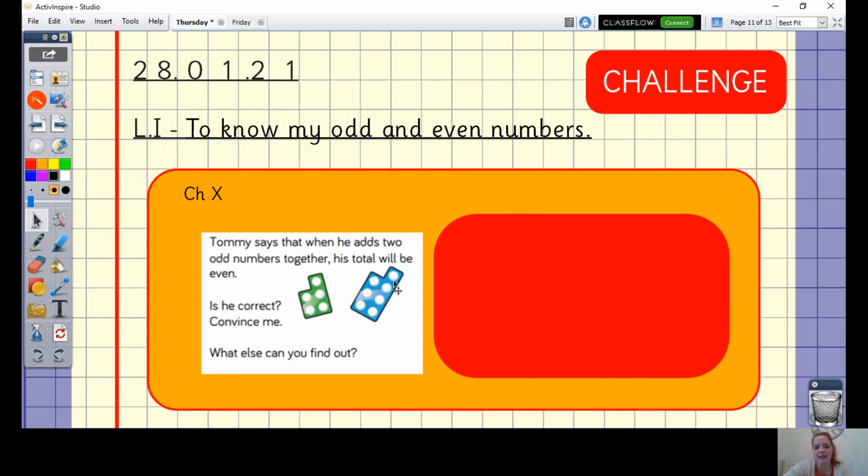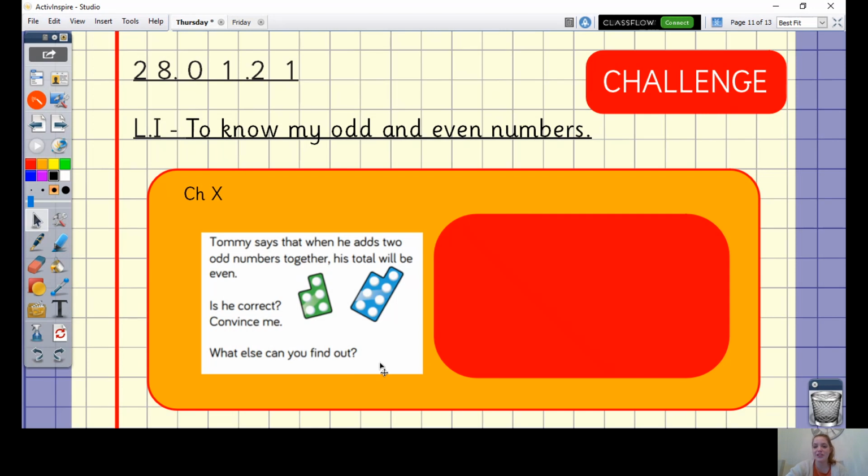You may want to try and have a go at adding some other odd numbers together and see if his total is always even, or whether it's never even. Okay, so I want you to write down what you notice about that. You might want to write down some more addition number sentences just to make sure you are definitely correct.